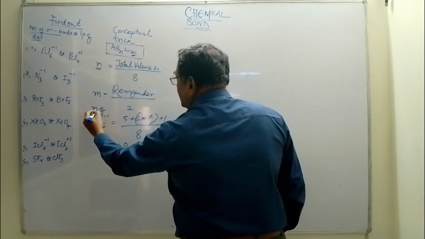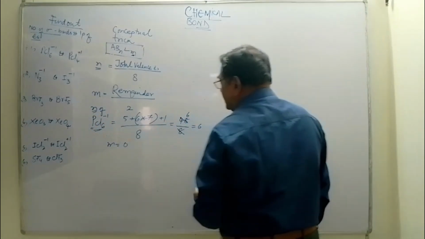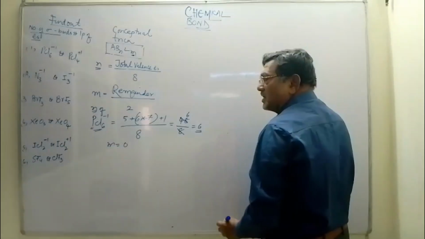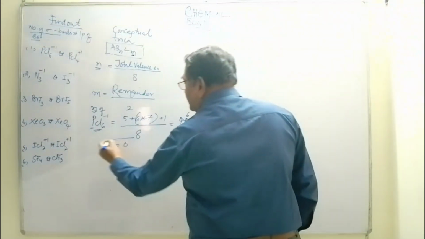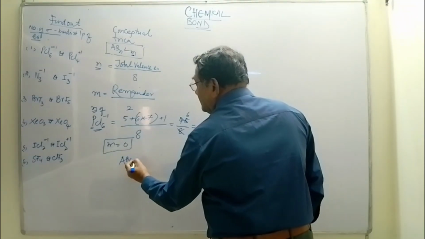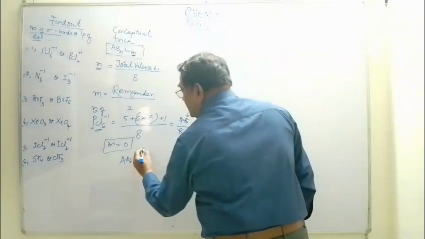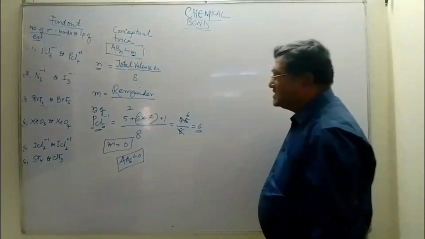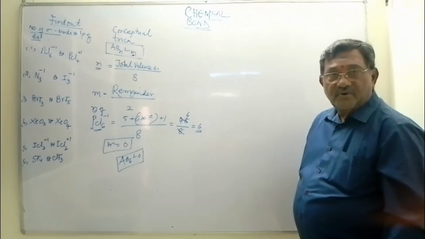So for PCl6 minus 1, n is 6 sigma bonds and m is 0. That's why the formula can be written as AB6L0.